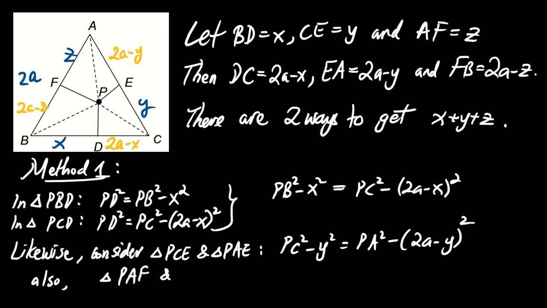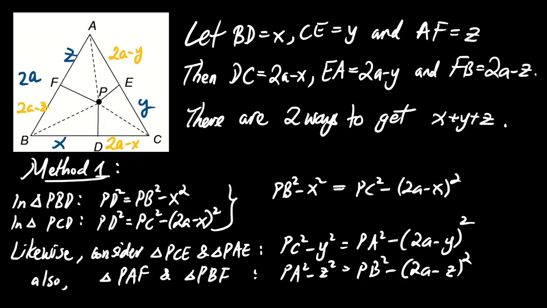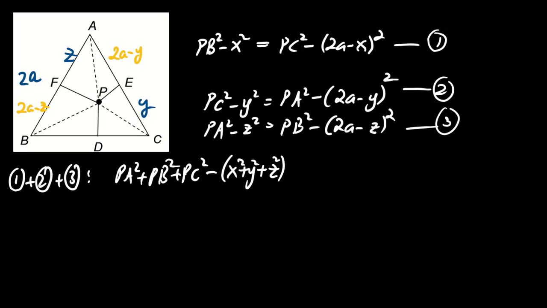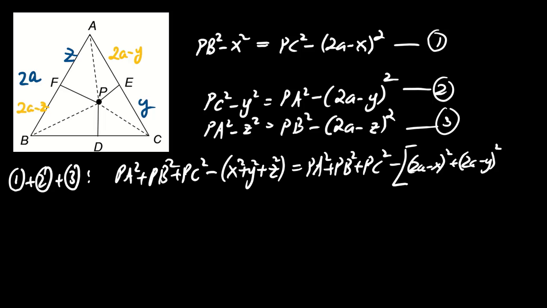From triangles PAF and PBF, PA squared minus z squared equals PB squared minus (2a minus z) squared. That's equation 3. Add all 3 equations together. The terms PA squared, PB squared, and PC squared cancel out.